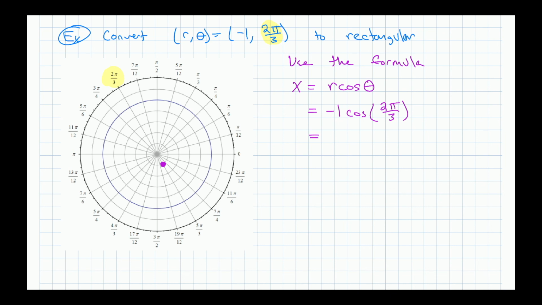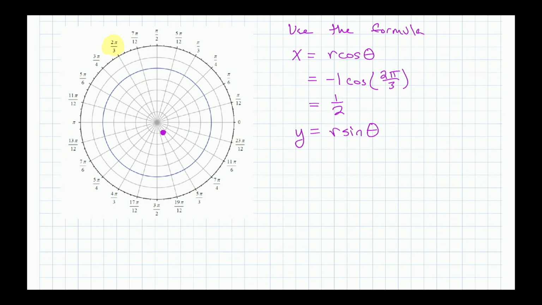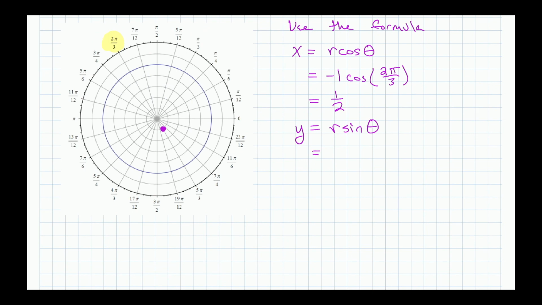Make sure you use a calculator or Wolfram Alpha. That will give you an exact answer. So I've got -1 times cosine 2 times pi divided by 3. This comes up to +1/2 for your x value. And your y value is r sine theta, which is, again, -1 for r.